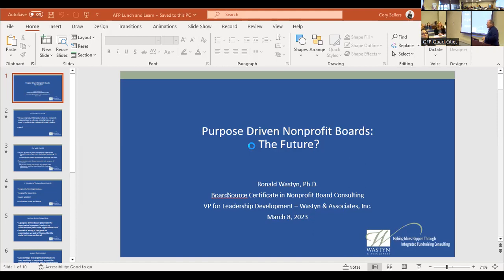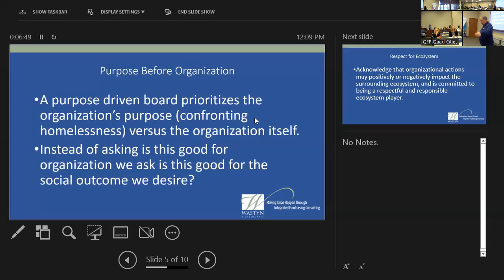So they argue that there are four principles of purpose-driven boards. The first: they put the purpose of the organization, why they exist, over the organization. They think about that first. So if there's an organizational problem, programs are not effective, so on and so forth, the old answer is, oh, yes, we need to give more money to the program.